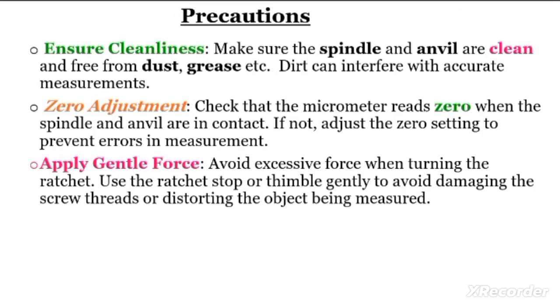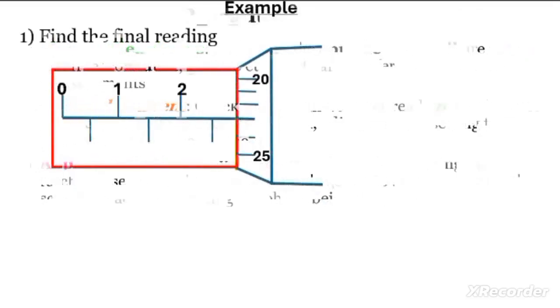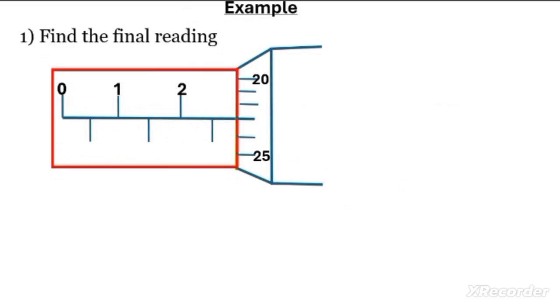So we are going to solve some examples here. We have an example: find the final reading. So how can we find the final reading? We are given the schematic diagram of a micrometer screw gauge here. So we have two scales.